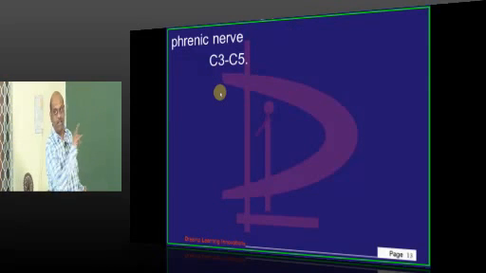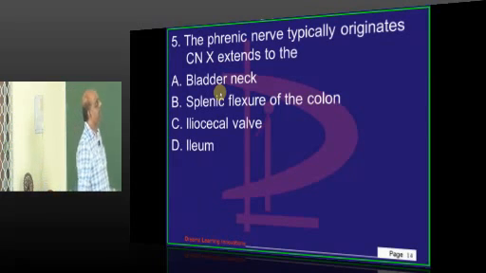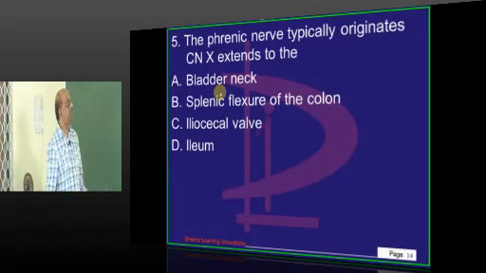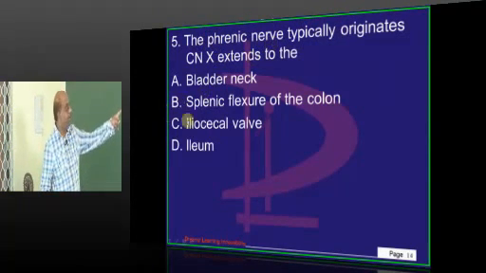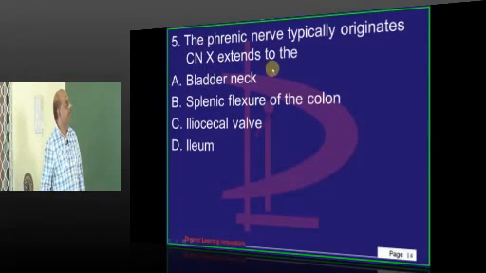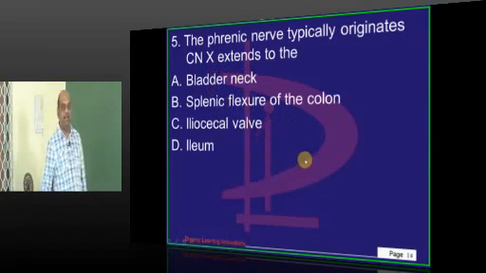Don't believe the answer in the key, there will be a few mistakes. So C3 to C5, phrenic nerve. Sorry, I think this got repeated. This is the correct frame of the question. The cranial nerve 10 will be extending until where?